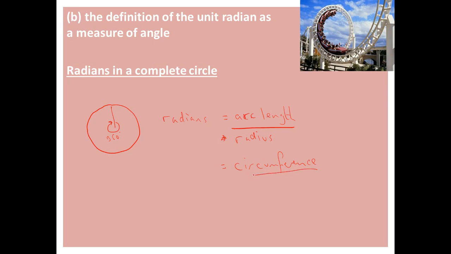So applying that idea, we end up with a circumference divided by the radius. And that circumference is equal to pi d. We end up with pi d over r. That diameter is twice the radius, so that is the same as 2 pi r over r, which gives a final answer of 2 pi. And that is a key fact for this unit.